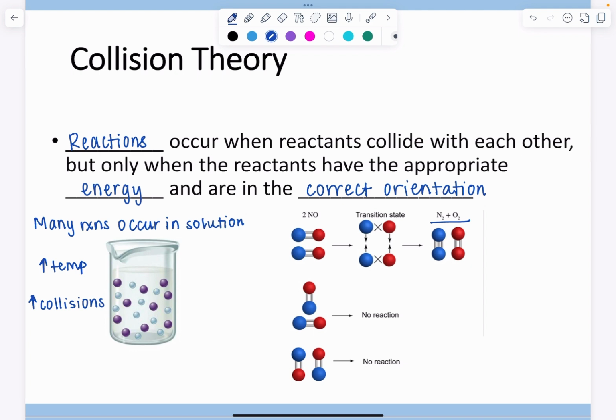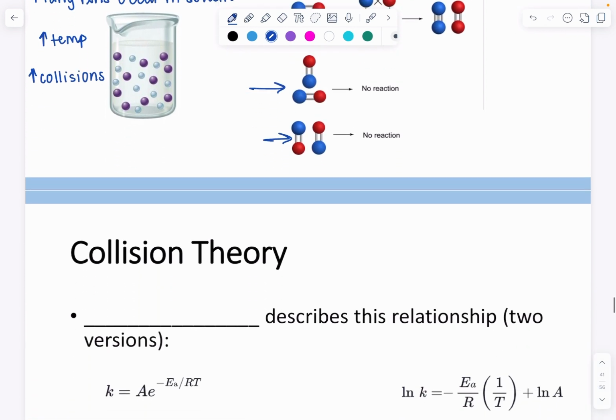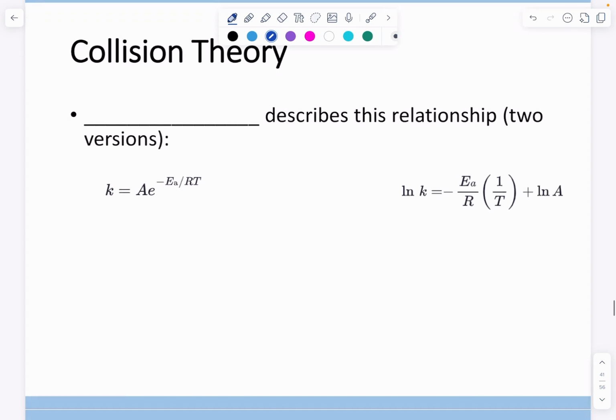So if they're not in the right orientation, like this example or this example, the reaction's not going to occur. So a few things are needed for that reaction to happen, and the equation on the next slide describes that relationship between frequency of collisions, temperature, and rate of the reaction.